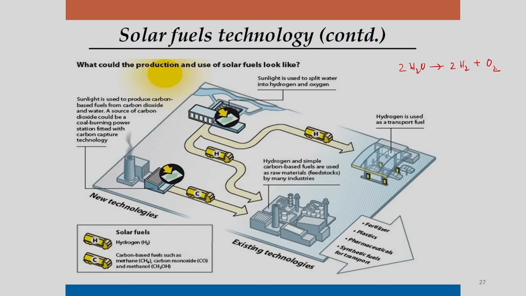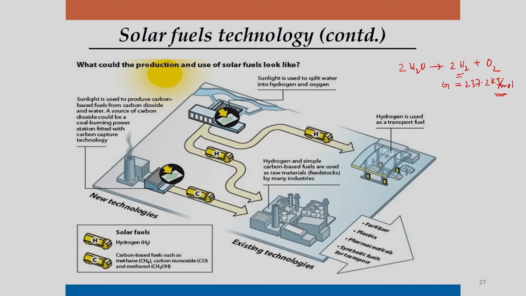The energy required for this reaction is given by the Gibbs free energy, which has a value of G equal to 237.2 kilojoule per mole. So, this hydrogen can be used as a transportation fuel.